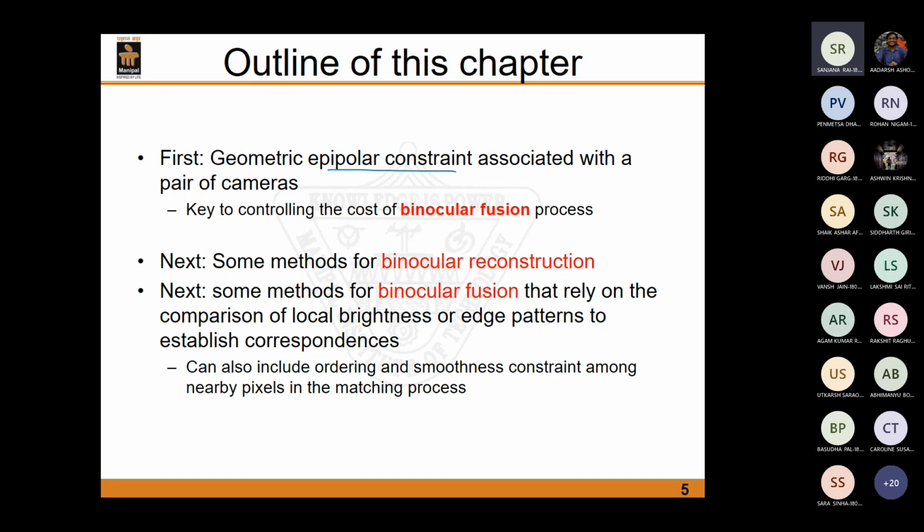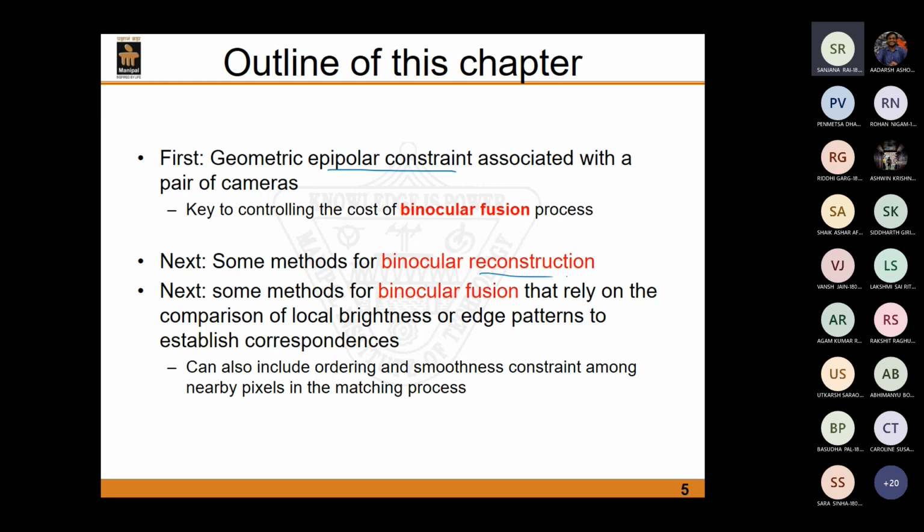We will see how important it is for reconstruction, and we'll also see how it helps with reducing the computation time, or the computation complexity, of the processing step. We'll see that later. So the epipolar constraint is a very important concept of reconstruction. Another important concept is binocular reconstruction, that is, the process of reconstruction itself.